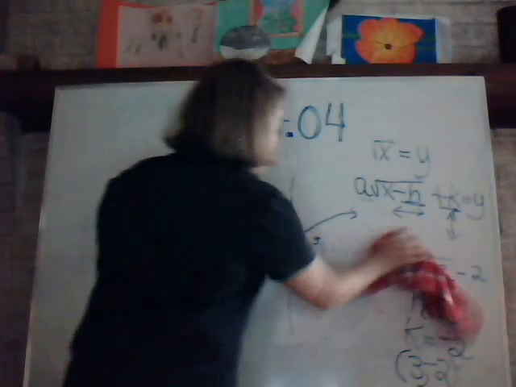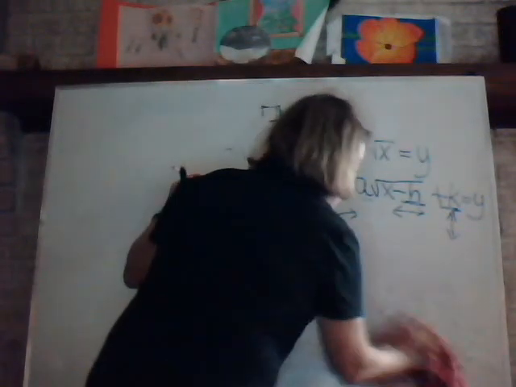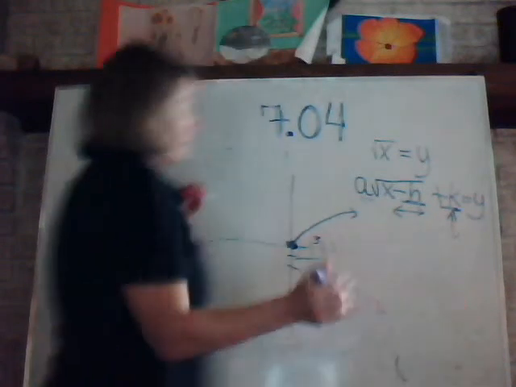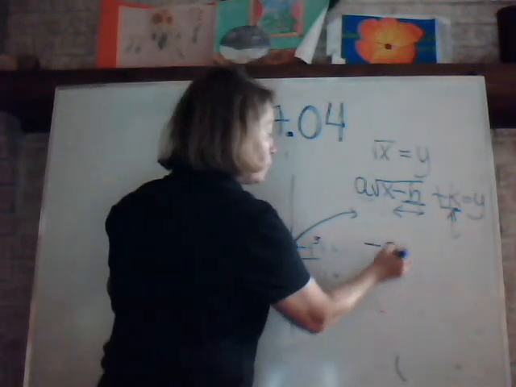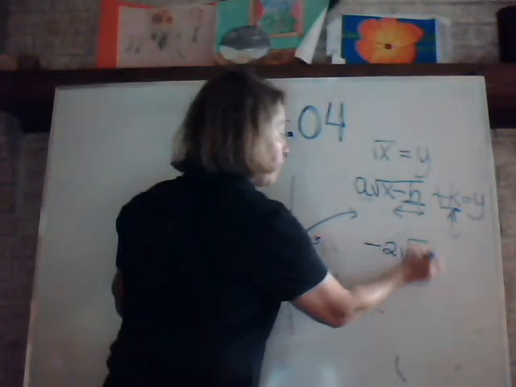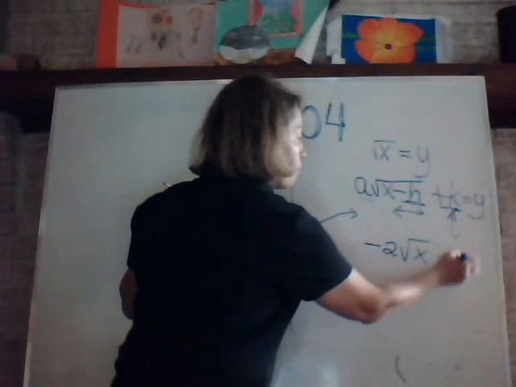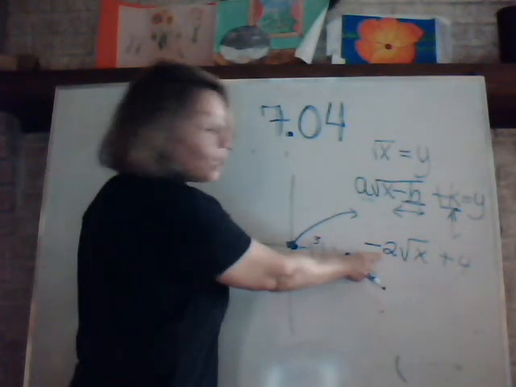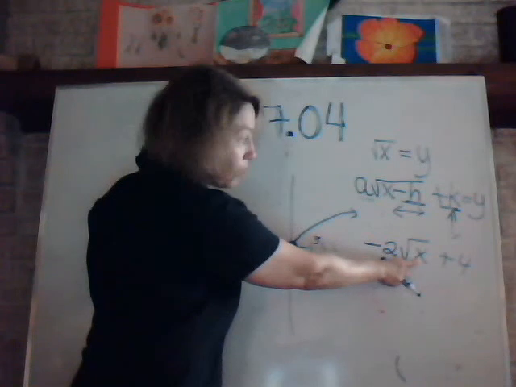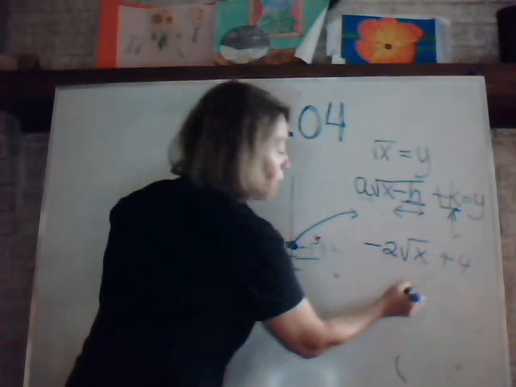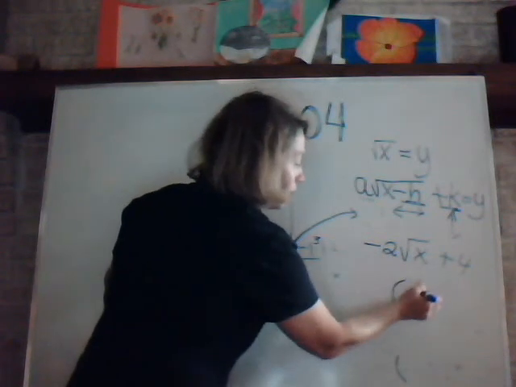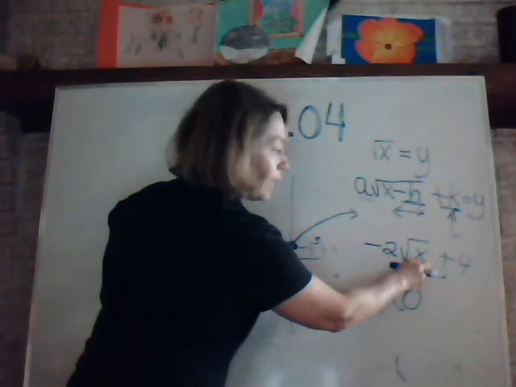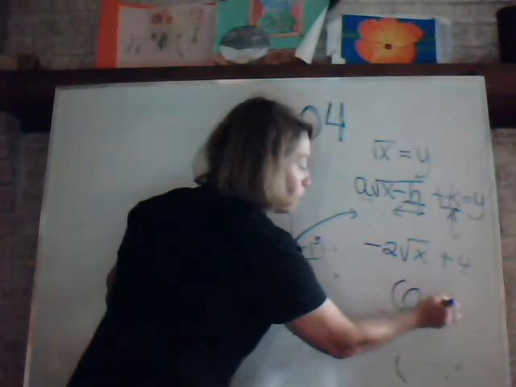Now, before we move forward, I'm going to show you one quick example of negative 2 square root of x plus 4. My A is negative 2. My H, there is none. My K is positive 4. So my H is 0 and my K is 4.